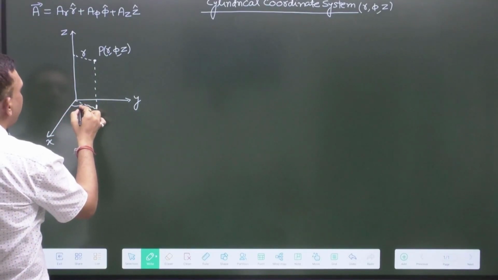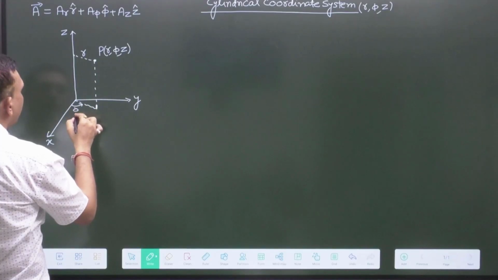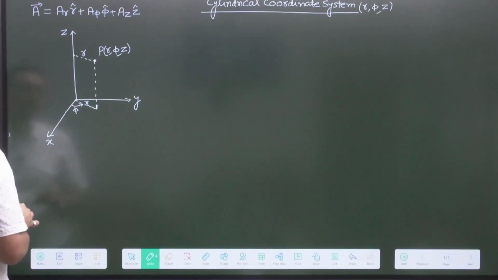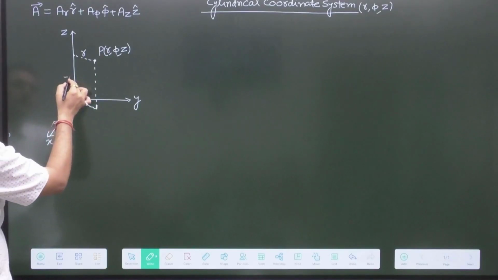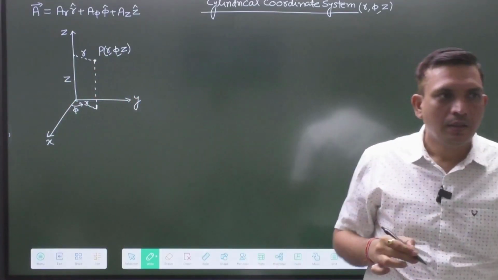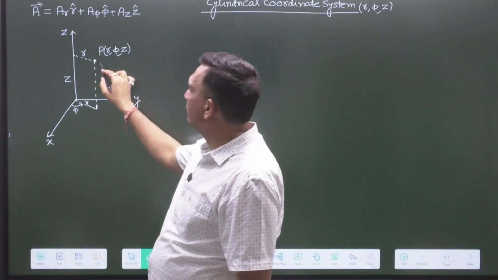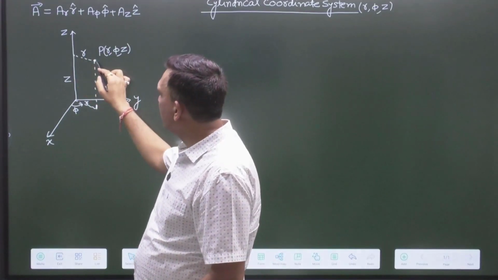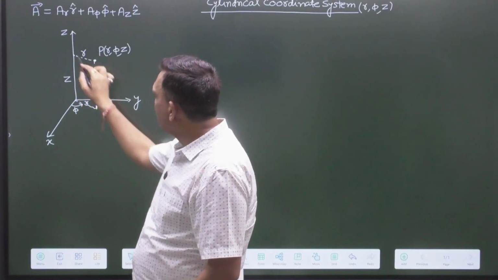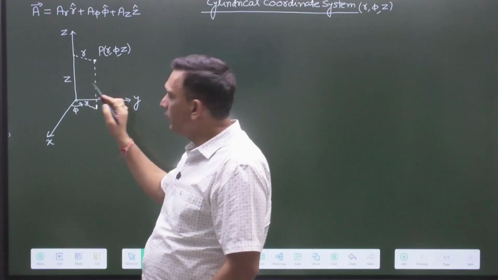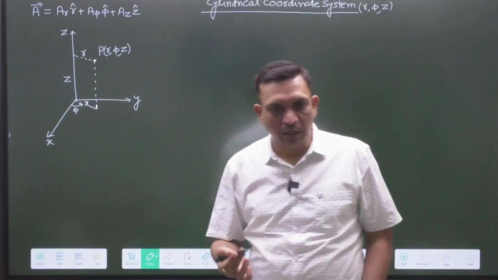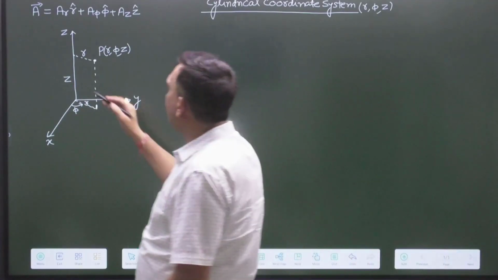Phi is the angle made by the plane containing radius vector R with the x-axis. Z is along the cylindrical axis. So phi has the same symmetry as in spherical polar coordinates, and z is the cylindrical axis.